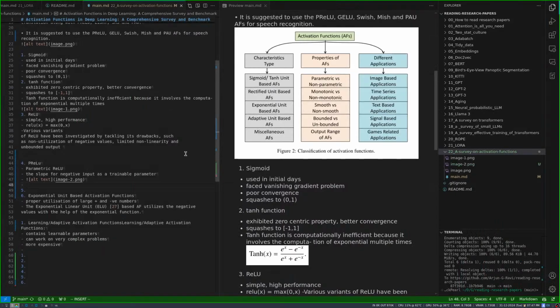PReLU is better than ReLU in many cases.